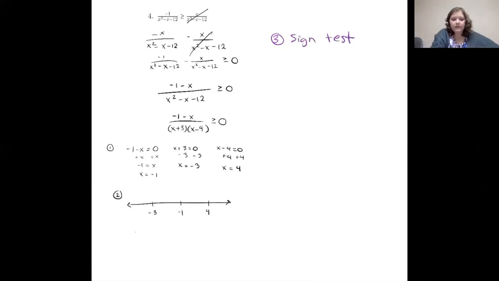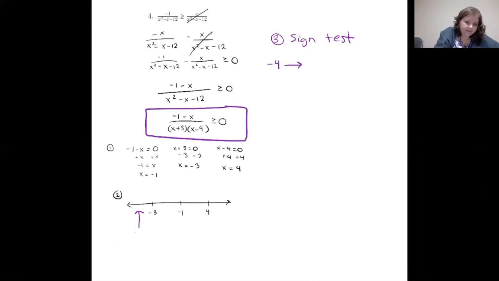Okay. So we're going to plug in a number from the first interval, something less than -3. So I'll choose -4, and we want to plug it into the form that we need. When we plug in -4 on the top, we get 1 minus a -4.